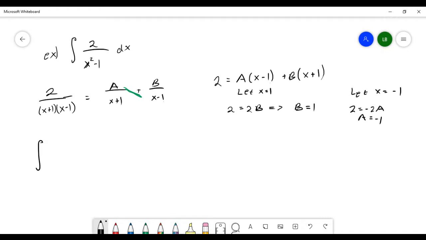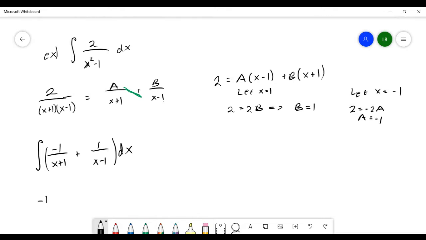And what we're left with is the integral of negative 1 over x plus 1, plus b is 1 over x minus 1 dx. And I'm not going to bother doing U-substitution because I can see that our du would just be dx.